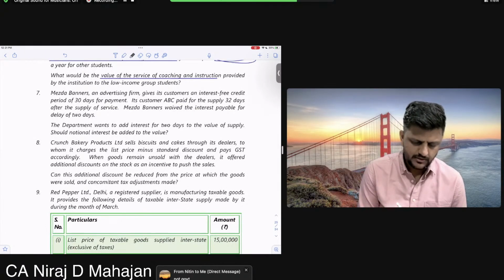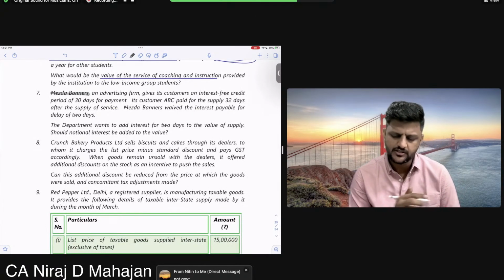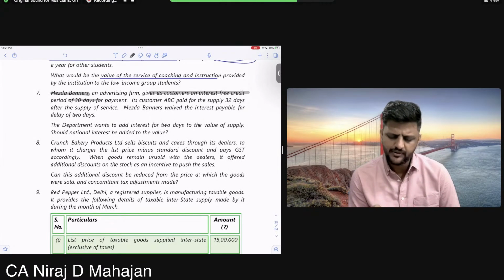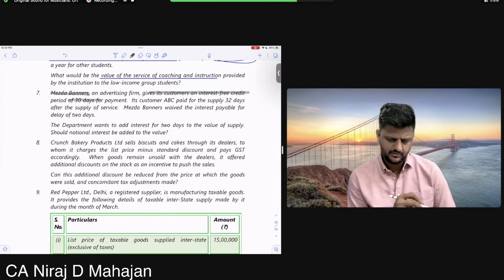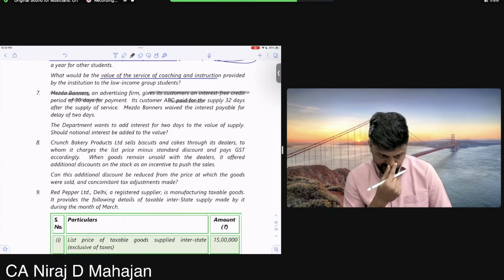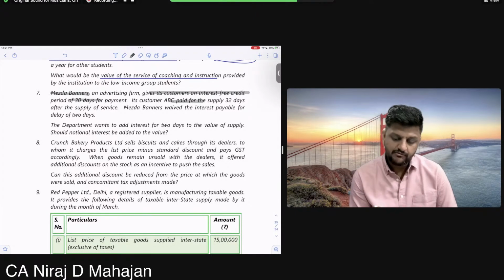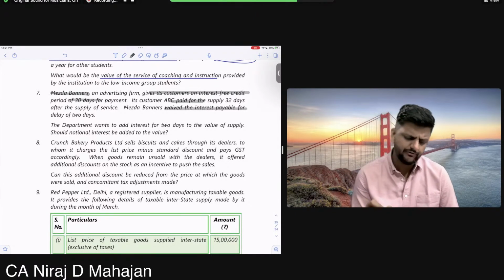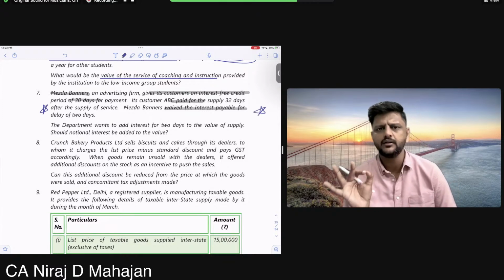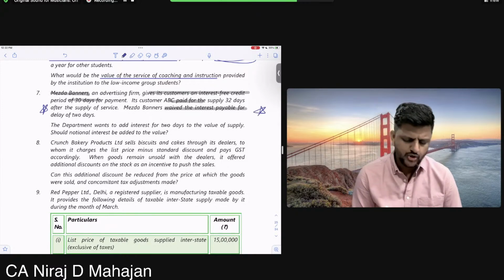Mazda Banners, an advertising firm, gives its customers an interest-free credit period of 30 days. Its customer ABC paid for supply 32 days after supply of service. Mazda Banners waived the interest payable for delay of 2 days. Okay, completely fine. No issue at all. The department wants to add interest.